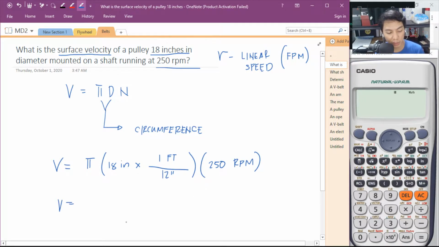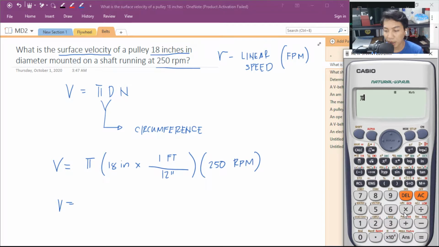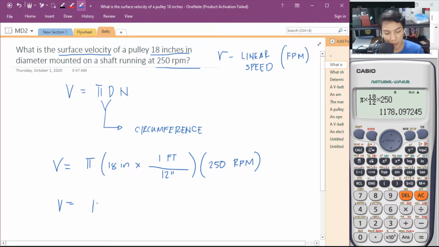V is equal to pi times 18 divided by 12 times 250. That is 375 pi or 1,178 feet per minute. That is for problem number 1.